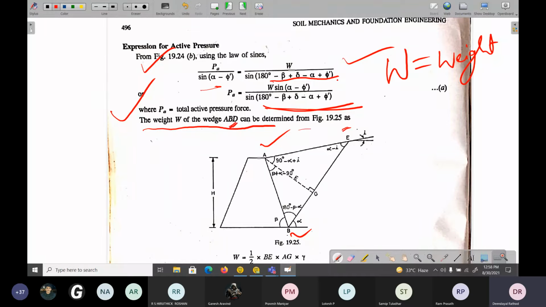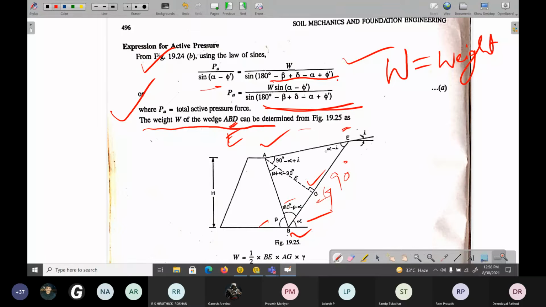Here he has given D, but it must be E. He assumed that wedge, and beta, he assumed it, makes alpha. This is 180 minus beta minus alpha. He has drawn a vertical here and made it point G, I think. This is a vertical, 90 degrees.